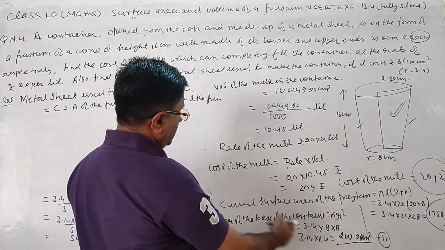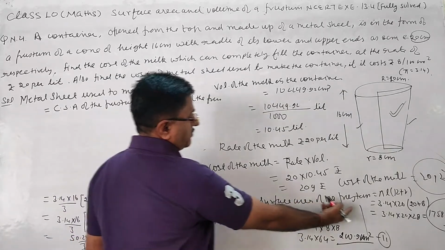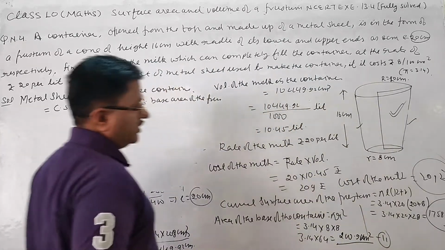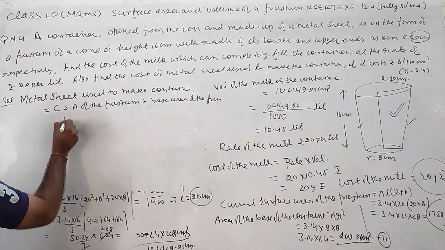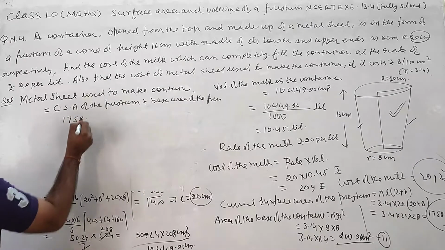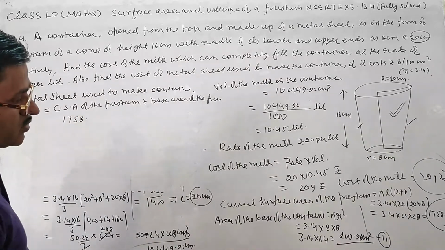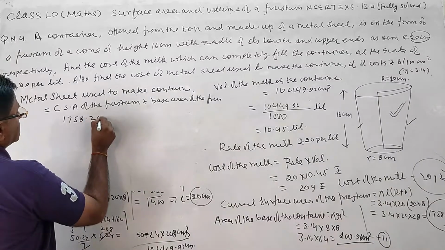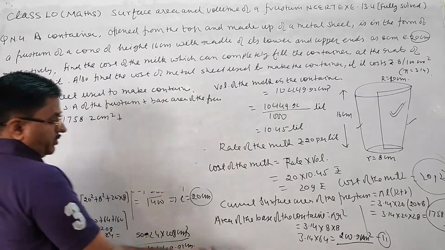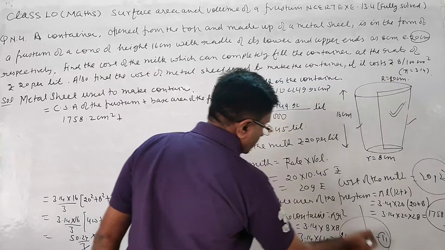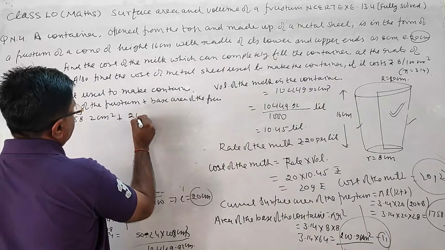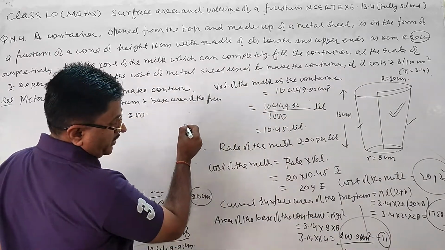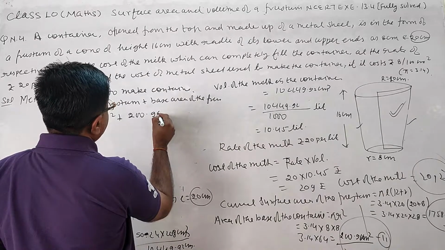We have already calculated the curved surface area of the frustum, that is 1758.2 centimeter square, and the base area is 200.96.